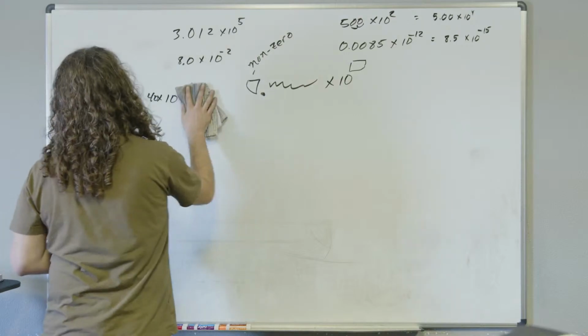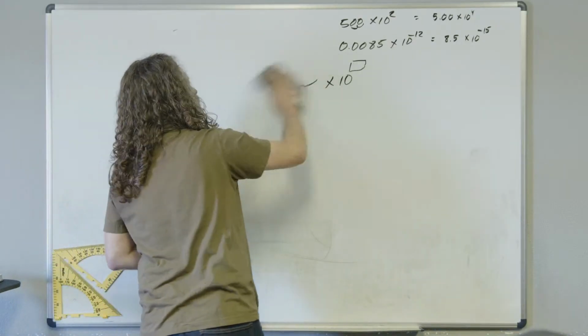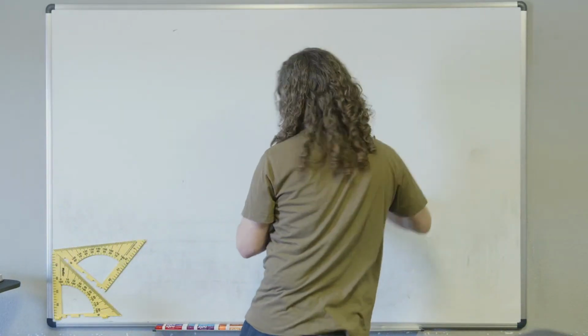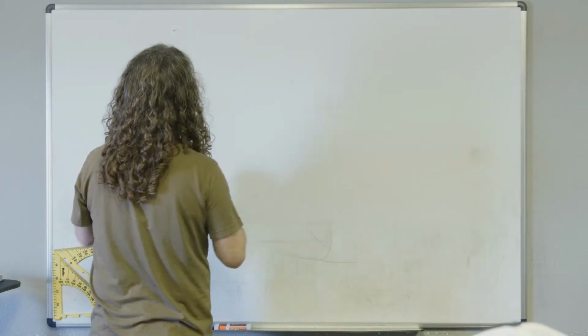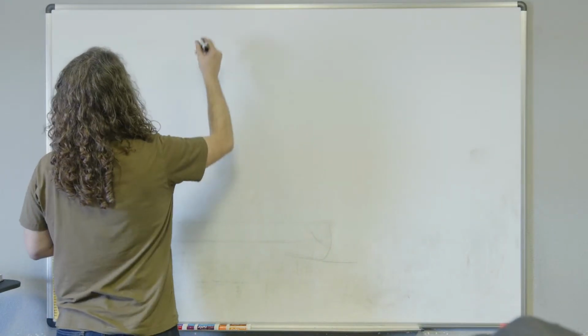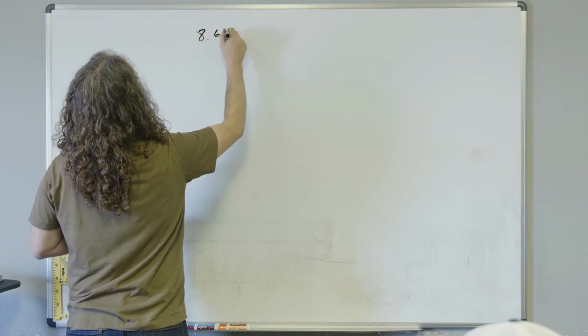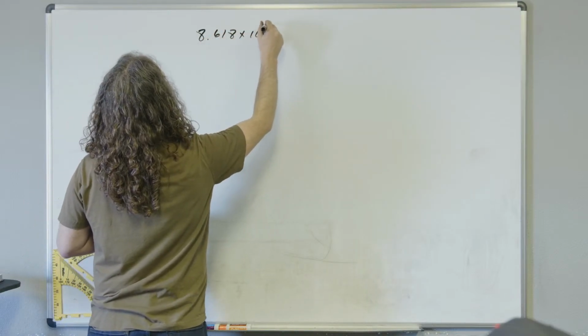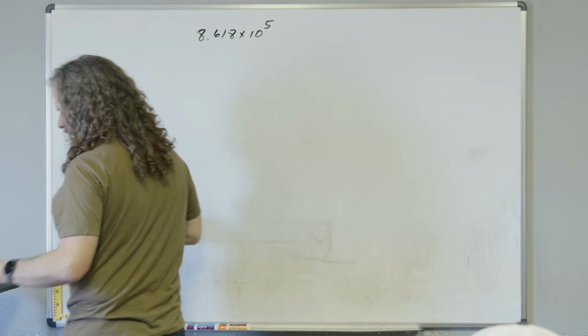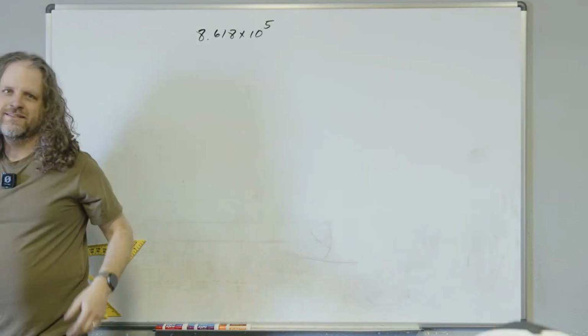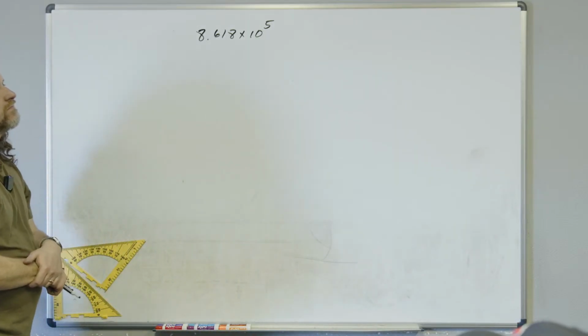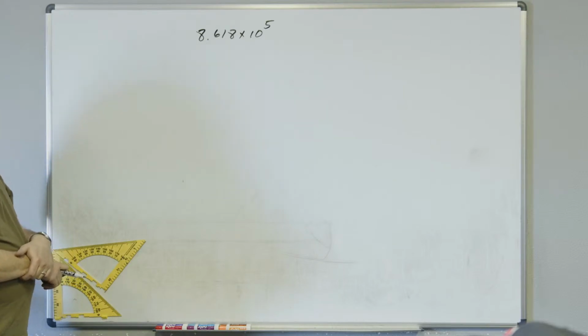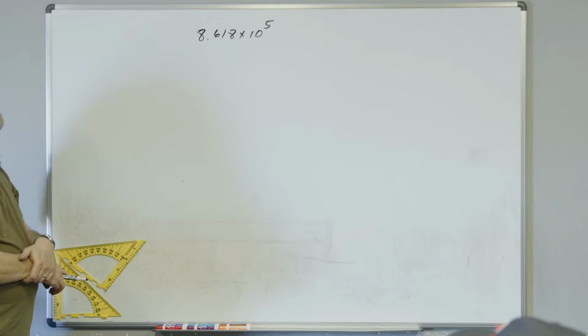Okay. So, if I was to tell you to write this number in standard form, what would you do? You go the other way 5 times. Over 3 and subtract 5.